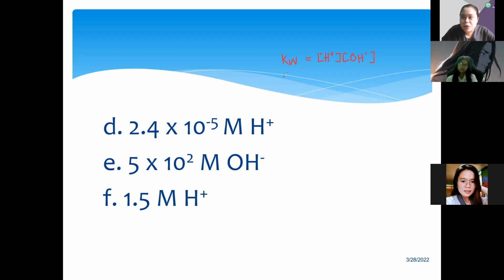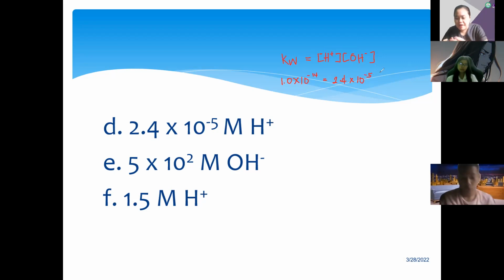Now, this Kw is constant. This is 1.0 times 10 raised to the power of -14. And then we have the H plus here, 2.4 times 10 raised to the power of -5.